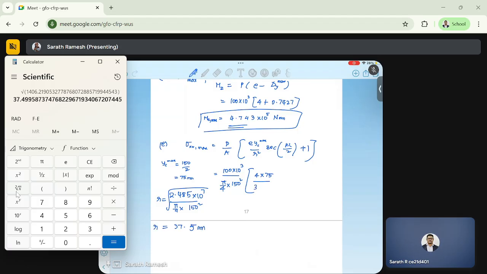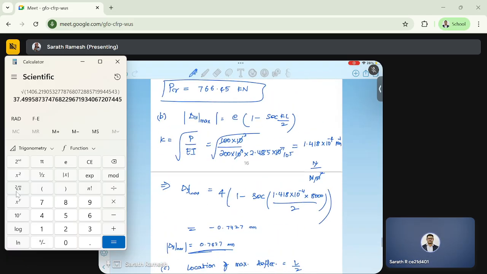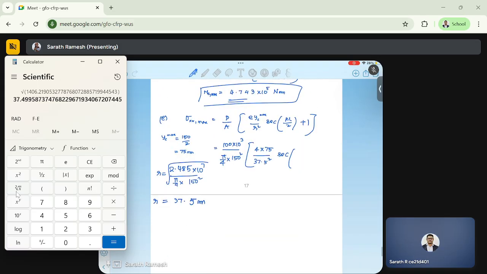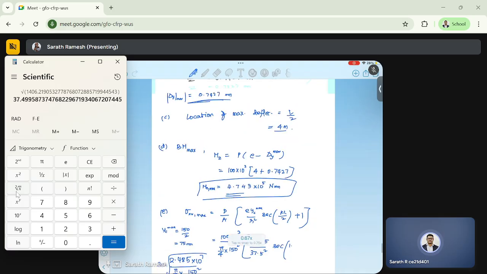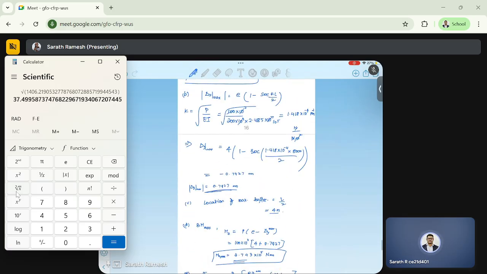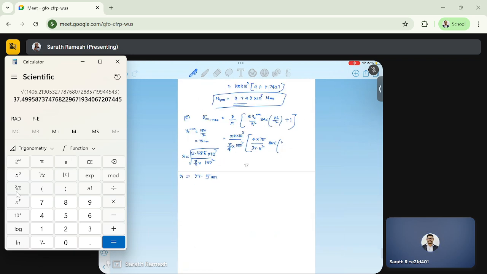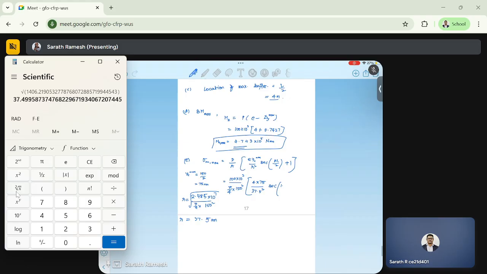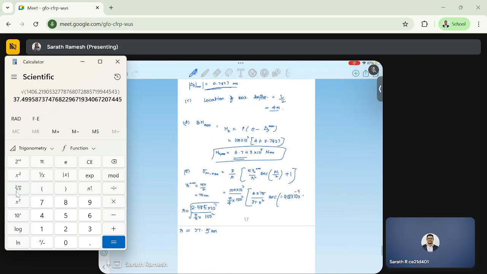So 37.5 square, secant of K is 1.418 into 10 power minus 4. I think this we have already, no? Secant of KL by 2. Oh, I did not note it down. 1.418 into 10 to the power minus 4 into 8000 by 2 plus 1.